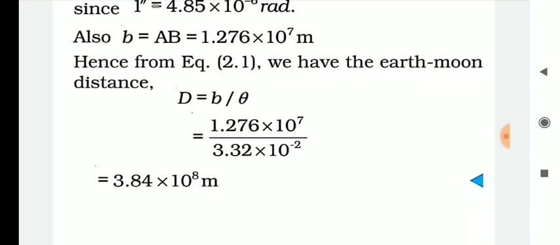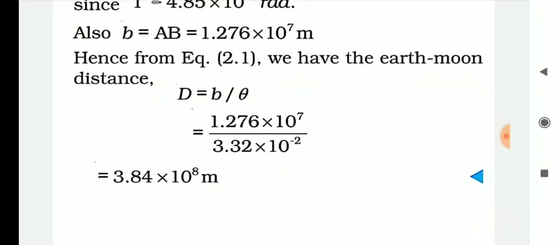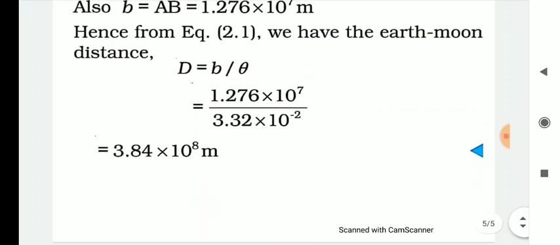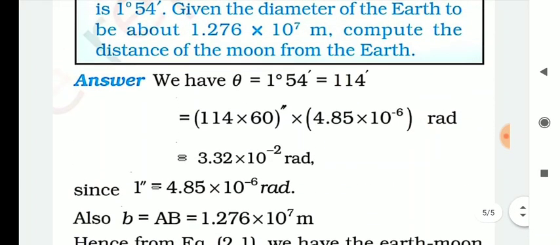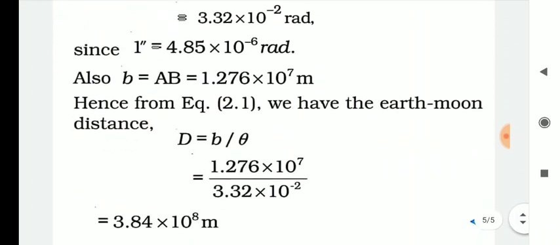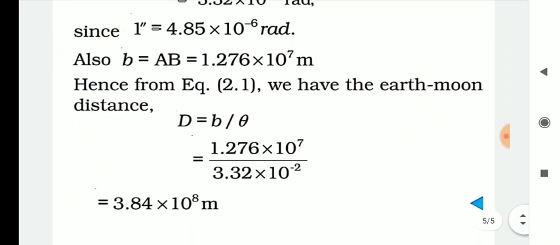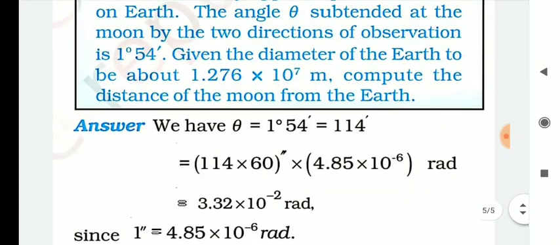So D equals the basis divided by the angle in radians. If we divide both values, we get the answer 3.84 into 10 to the power 8 meter. So the distance of the moon from the earth is 3.84 into 10 to the power 8 meter.